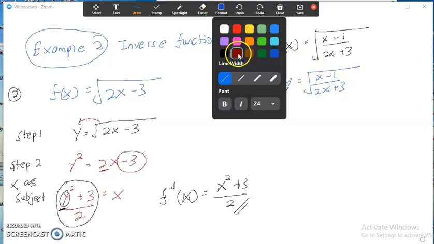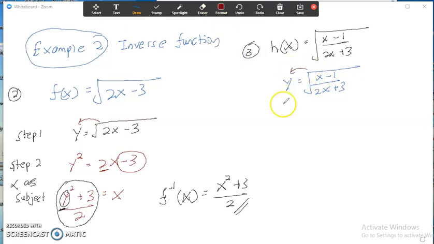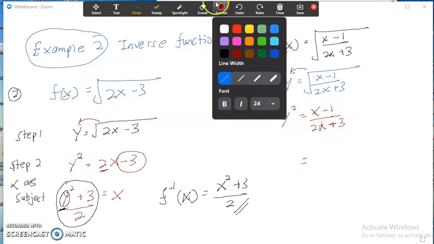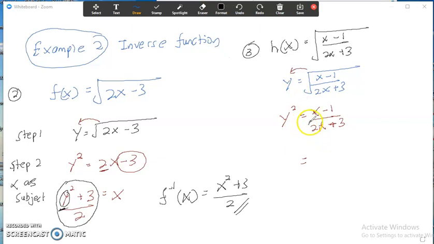So this square root will move here, it will become square. So here's 2x plus 3. Now we have to get this multiplied, because our aim now in step 2 is to make x your subject.